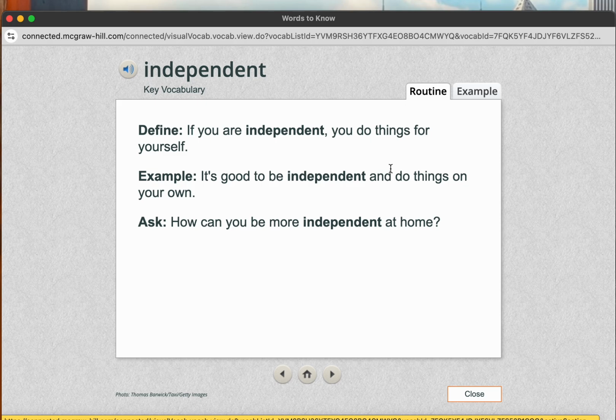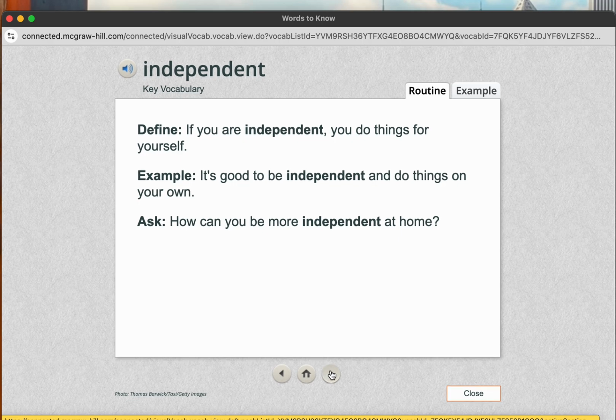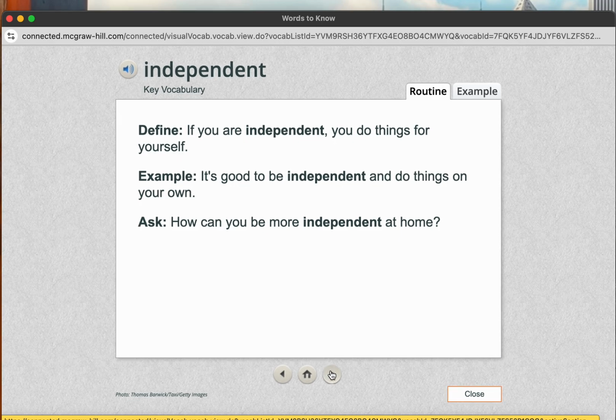A good way for you to be independent at home is maybe to do your chores without your parents having to ask, or maybe the night before school getting your stuff ready on your own, making sure your uniform is ready, making sure your backpack is packed, maybe packing your own lunch, just kind of helping your parents out, being more independent.